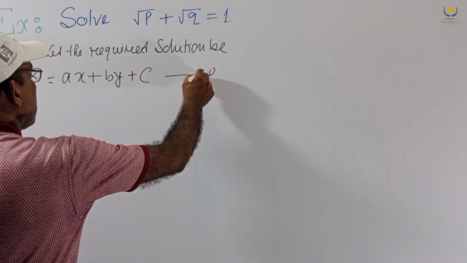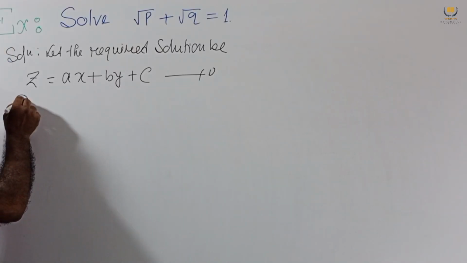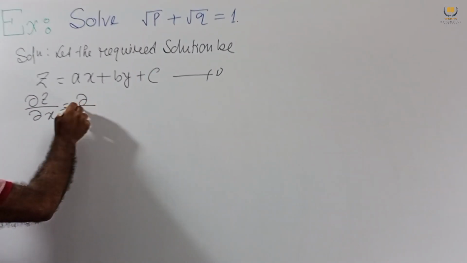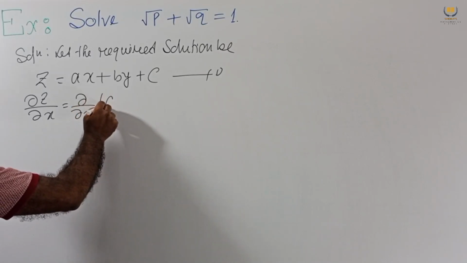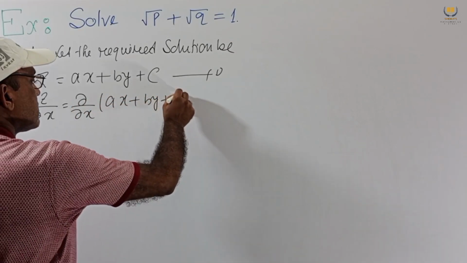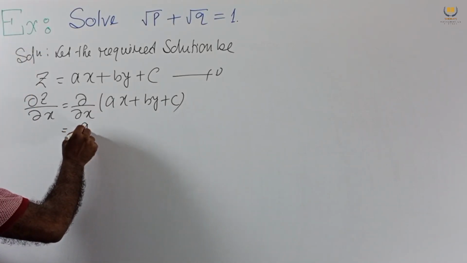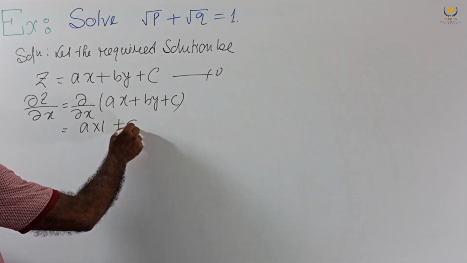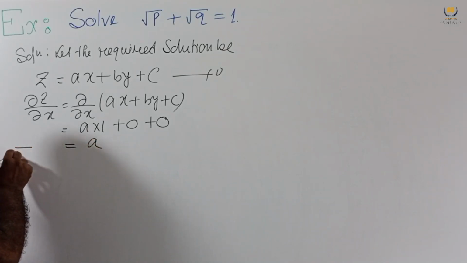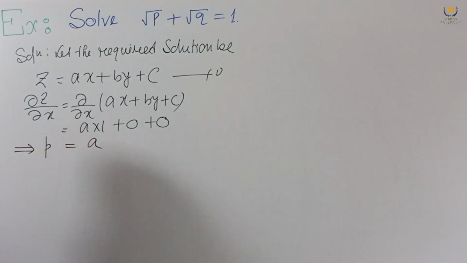This is number 1. Del z del x is del by del x of ax plus by plus c. This is a into 1 plus 0 plus 0, which equals a, and this is our p. Del z del x means p.